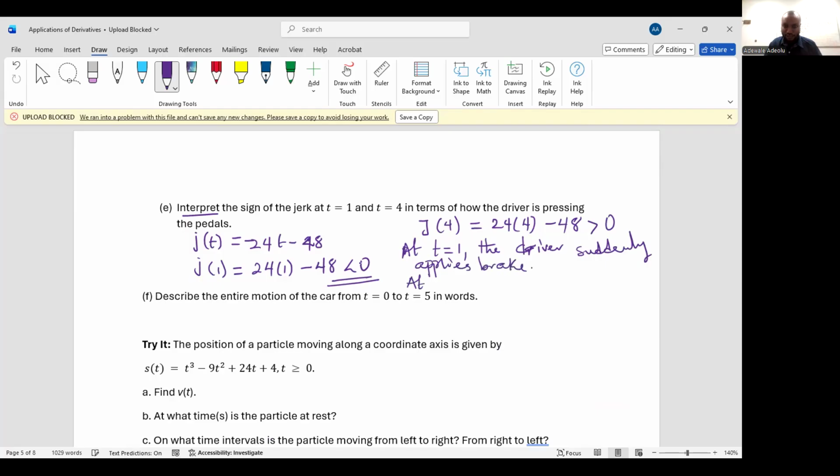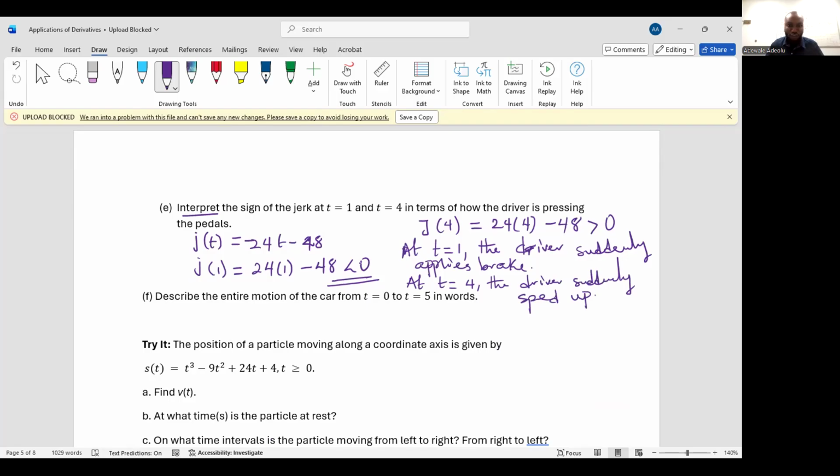And at t equals 4, we can claim that the driver suddenly sped up.